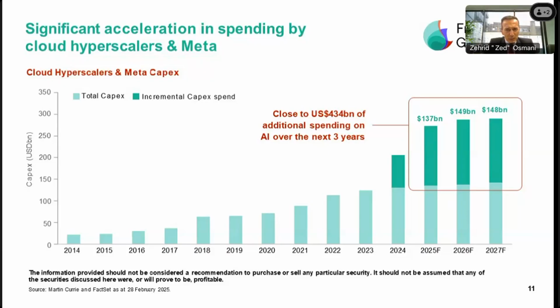And you can see that with 25 projections onwards, that capex has effectively doubled compared to what it was previously. And the combined additional spending over the 3 years that we're looking at here, 25, 26, 27, is over $430 billion.